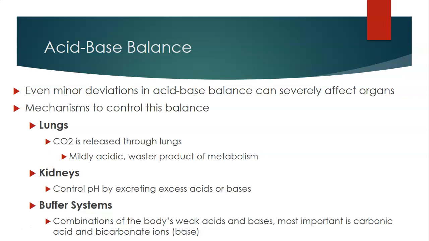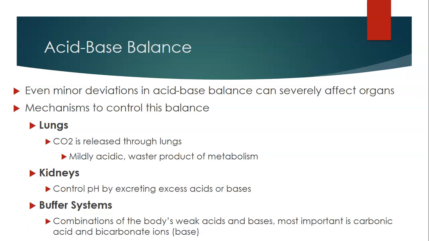And then we have the buffer systems. These are another mechanism for controlling blood pH and involve the use of chemical buffering. This helps guard against sudden shifts in acidity and alkalinity. The pH buffer systems are combinations of the body's own naturally occurring relatively weak acids and weak bases. These weak acids and bases exist in pairs that are in balance under normal pH conditions.